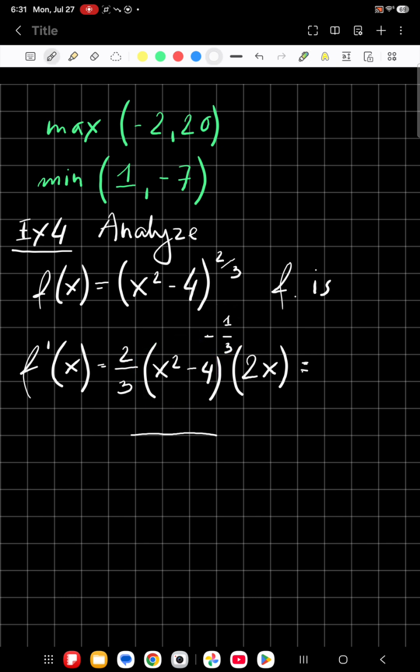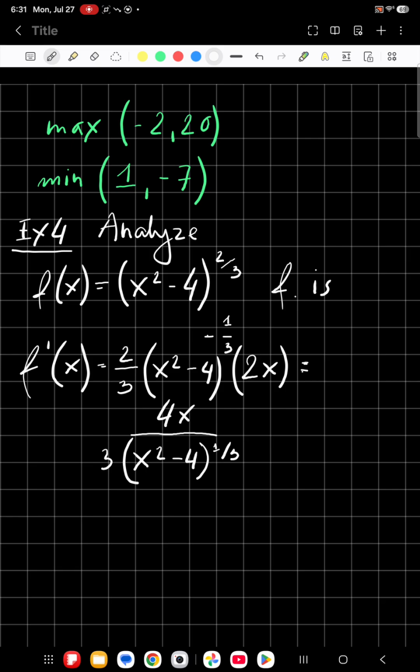So in the denominator I have x squared minus 4, and then that negative is spent, so this is 1/3. Right, so this is a cubic root. And then 2/3 doesn't go anywhere, so I have 3, 2, then I have 2 times 2, 4. So 4x on the top.